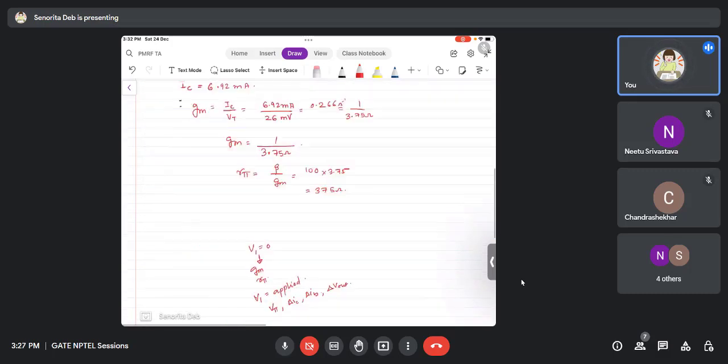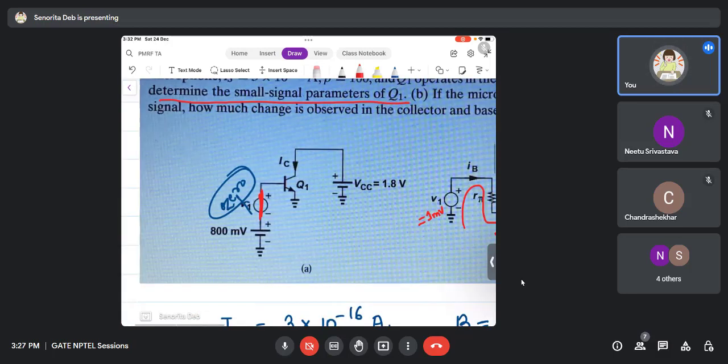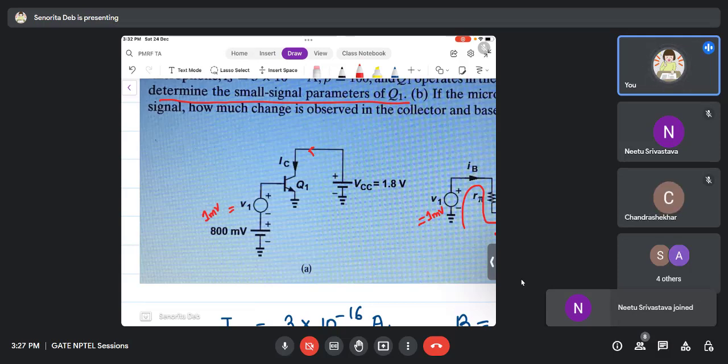But now you check one thing in this circuit, whatever the change came. Let's say here V1 was equal to 1 millivolt. Whatever this change is because of 1 millivolt, that cannot appear as a voltage. Because the delta IC gave you 266 microampere, but this 266 microampere is getting absorbed by this VCC.